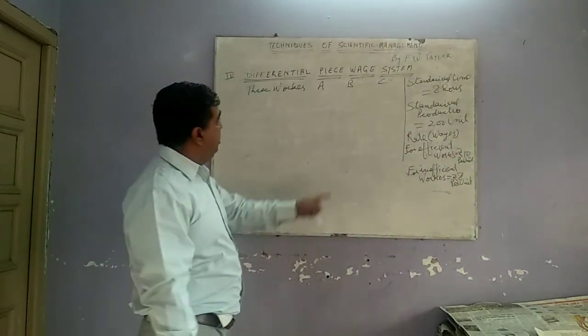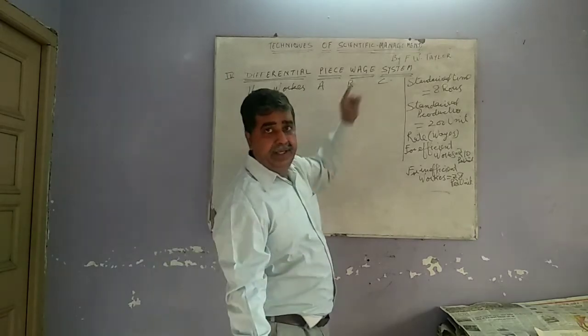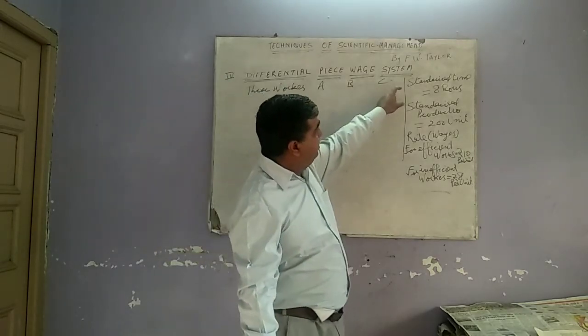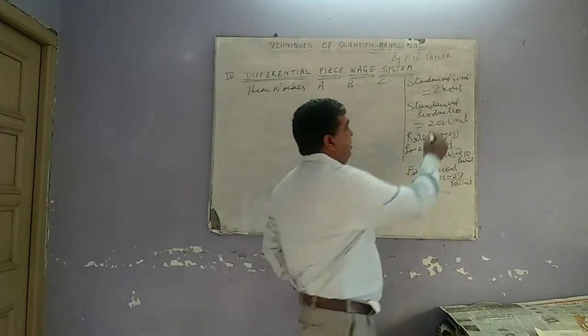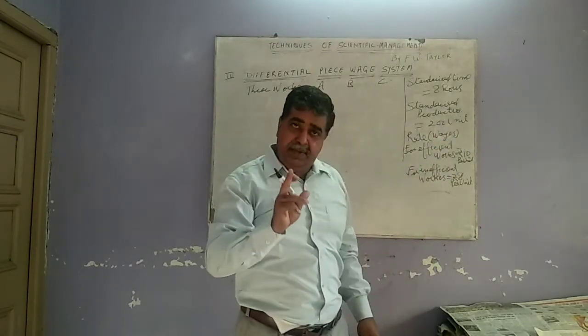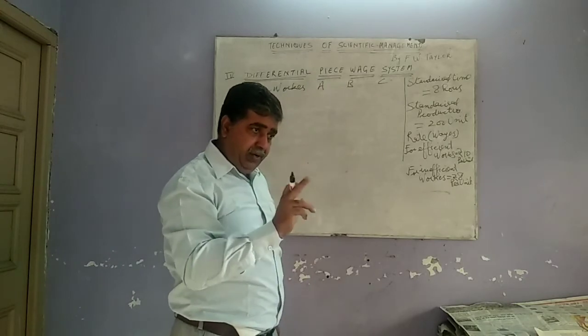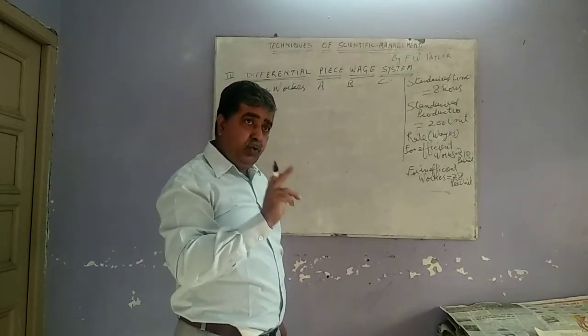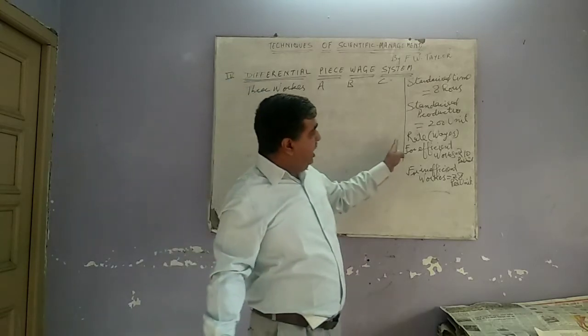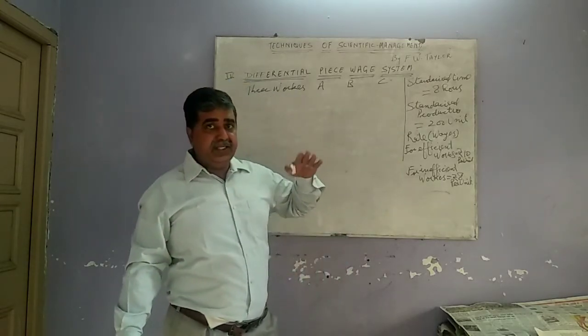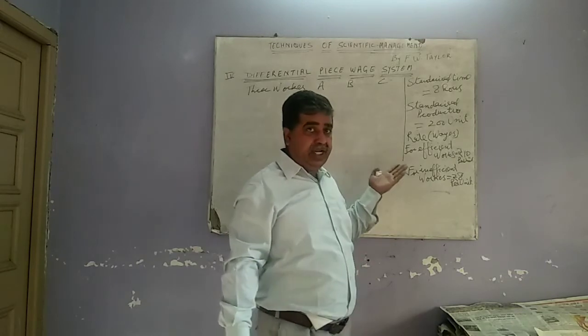We have assumed there are three workers A, B, C. We have taken standardized time as 8 hours and standardized production as 200 units. It means every efficient worker is supposed to produce at least 200 units in 8 hours. There are two wages, as suggested by F.W. Taylor under this technique.